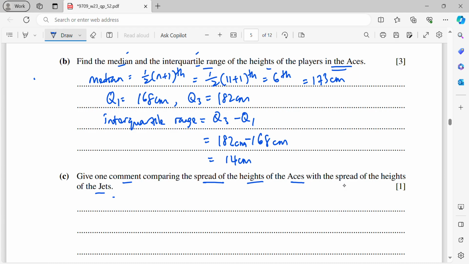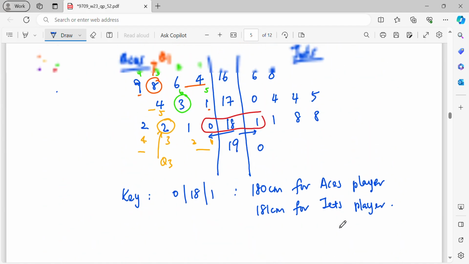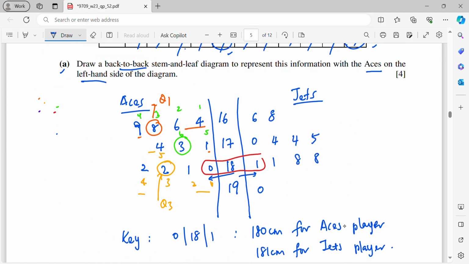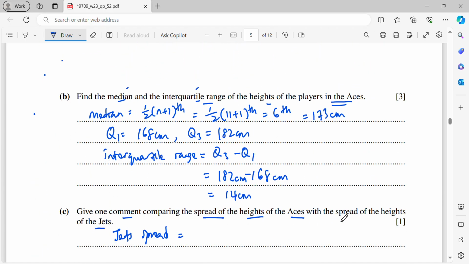So from here, for the jets spread, it will be the highest value minus the smallest value. So highest value for jets is 190, smallest is 166. So 190 minus 166. Then you will be getting 24 centimeter.